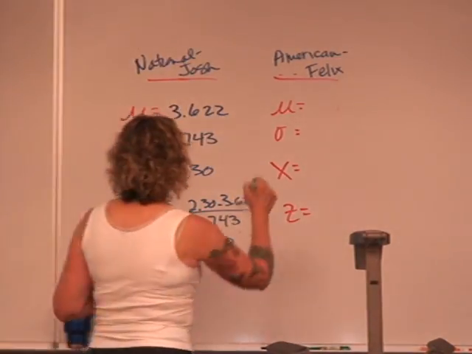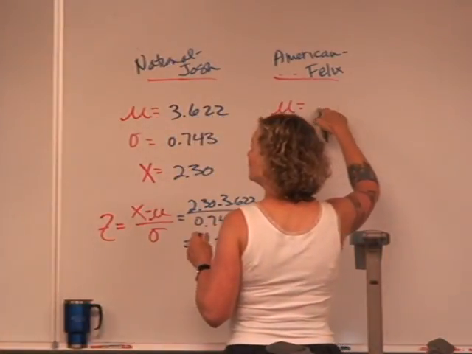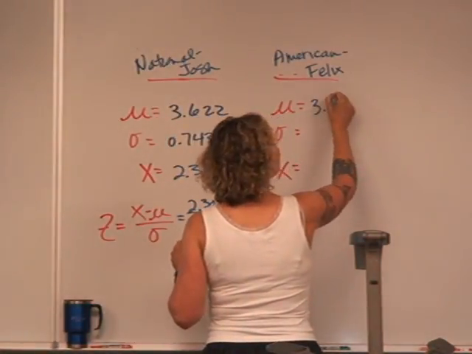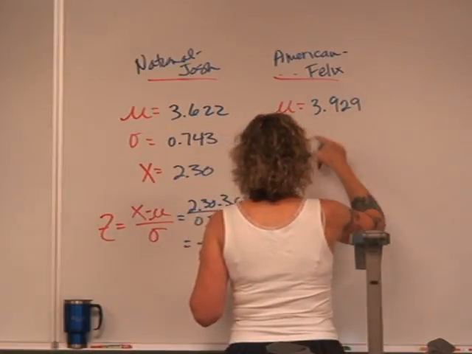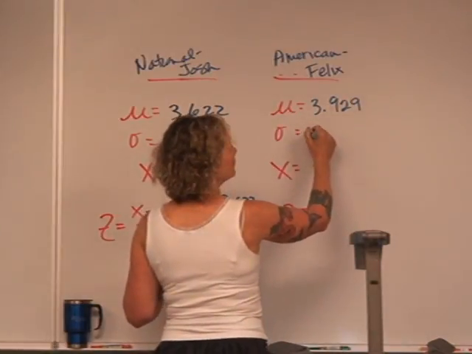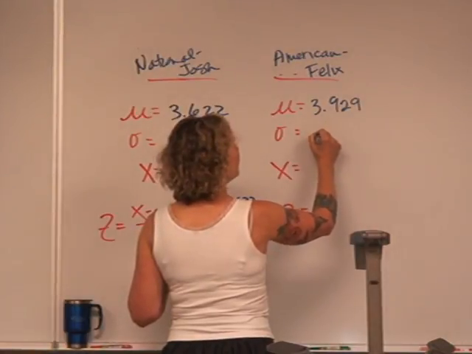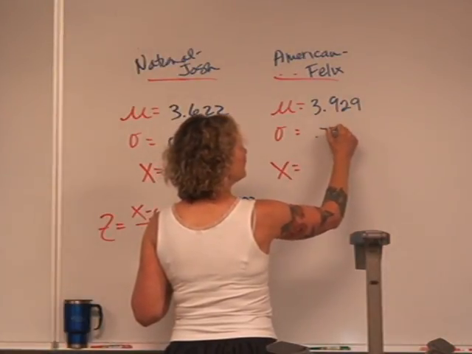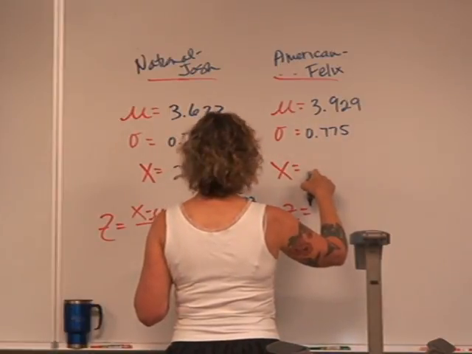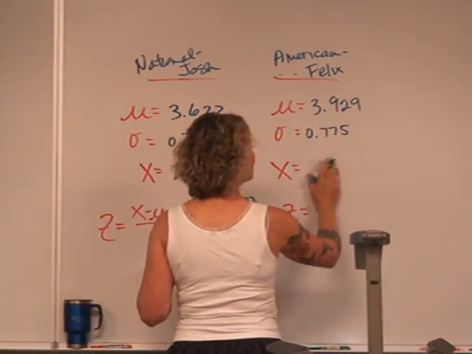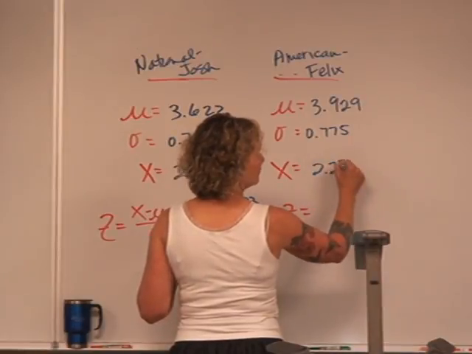Okay, how about Felix? What's the mean of the American League? 3.929? Is that right? Cool, thank you. And standard deviation? 0.775? Great, and what was his ERA? 2.27?